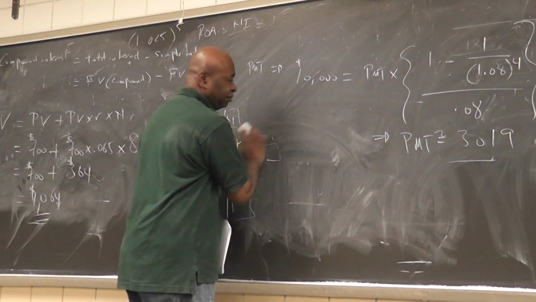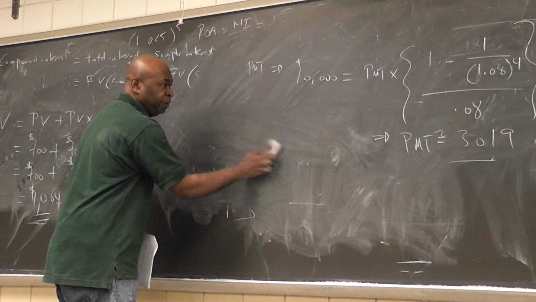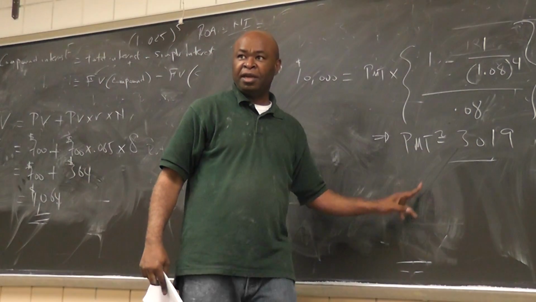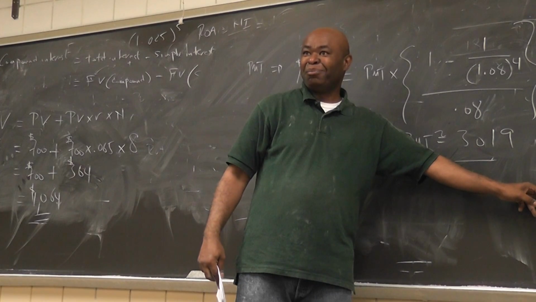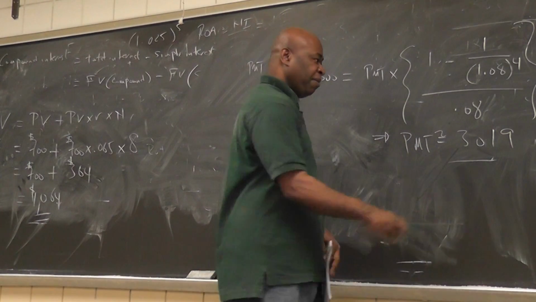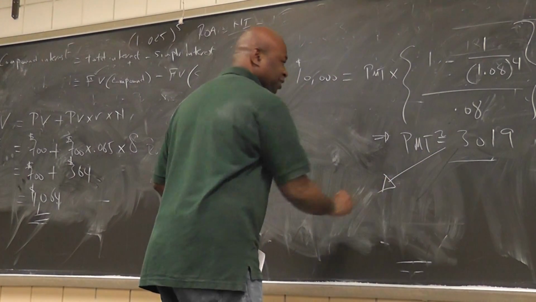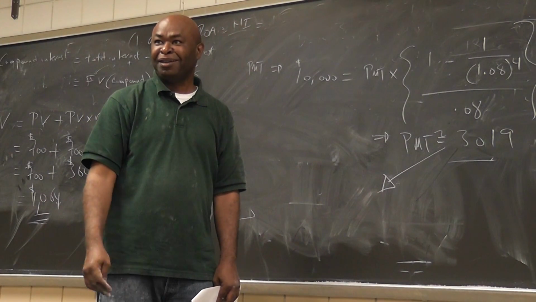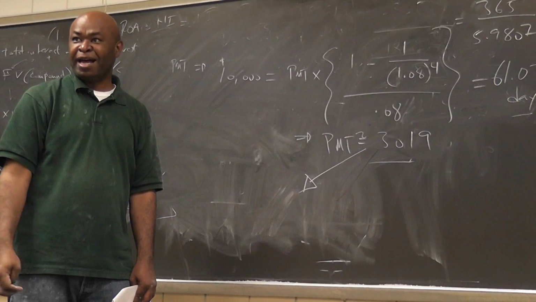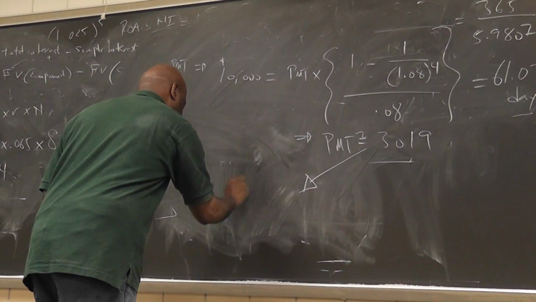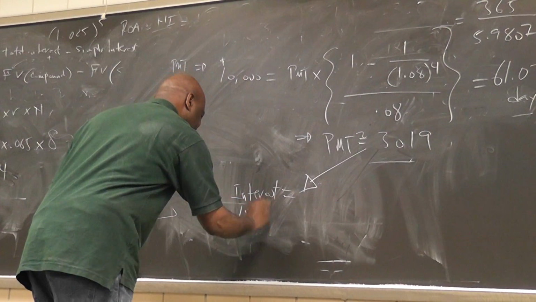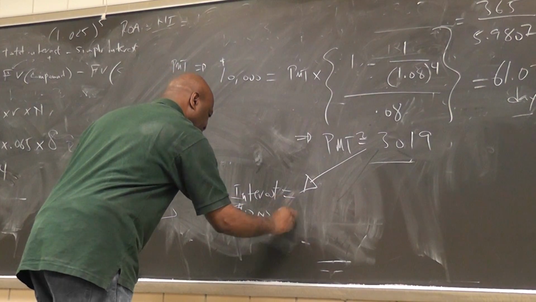Now, we're not done, because that's the total payment, remember? So this has a component which is interest, and a component that's principal. The interest component is very easy to get. Why? Because the interest rate is 8% times 10,000. So the interest payment would be 10,000 times the 8%, right?